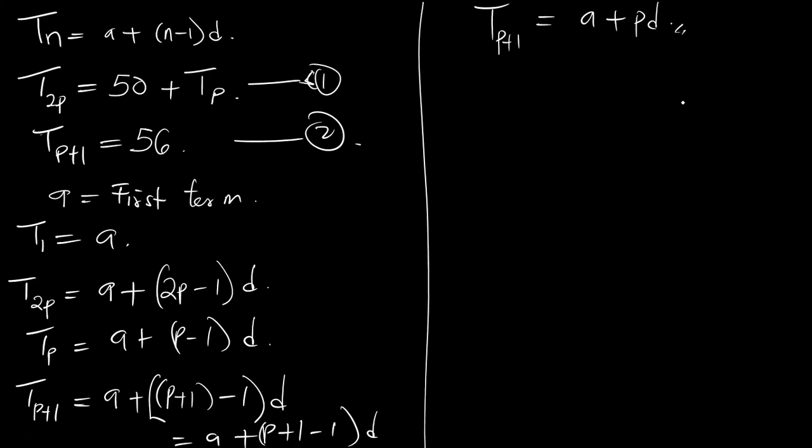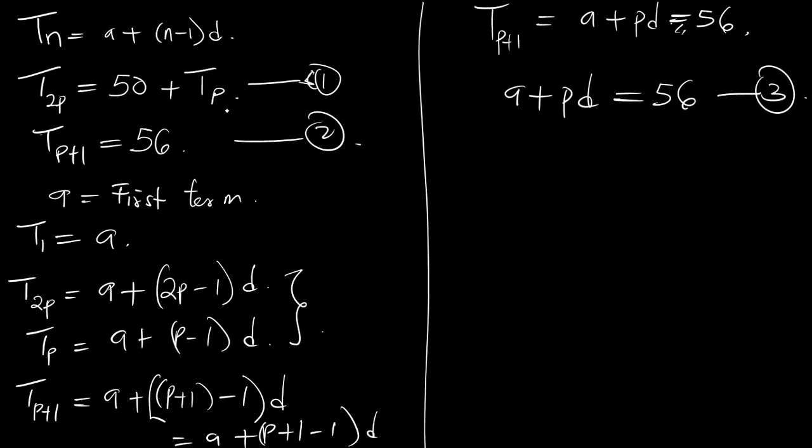So we have this. And we are told that this p+1 term is equal to 56, meaning that a plus p times d is equal to 56. Now let's call this equation 3. Now let's use these two expressions. Since we have a relationship here, we can now apply it.